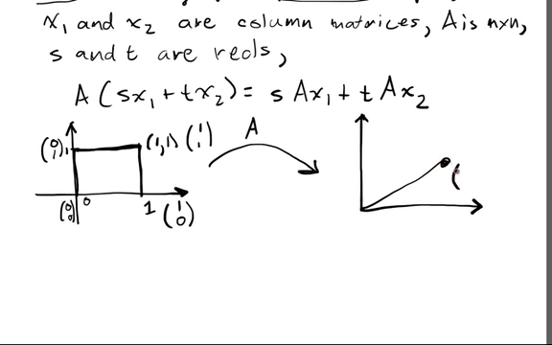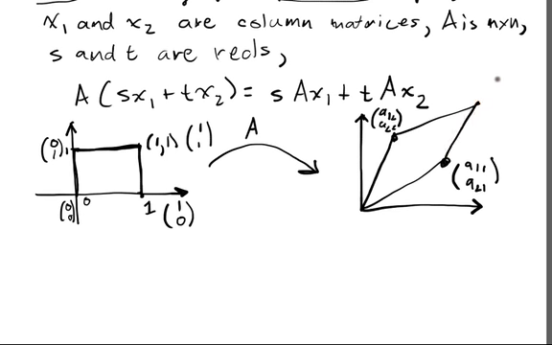Well, this guy is going to be the first column, so this guy gets turned into the first column of A. So this will be A 1 1, A 2 1. This guy is going to give me the second column of A. So this is A 1 2, A 2 2.